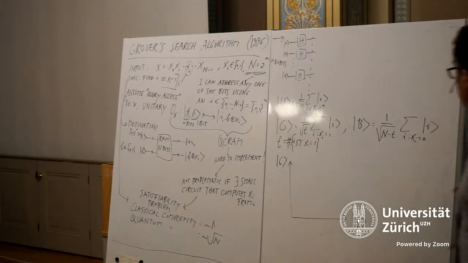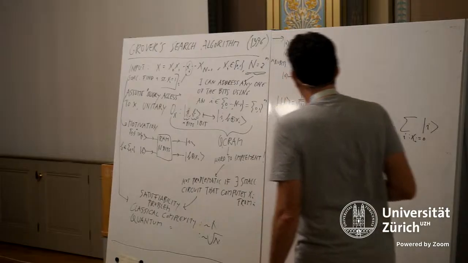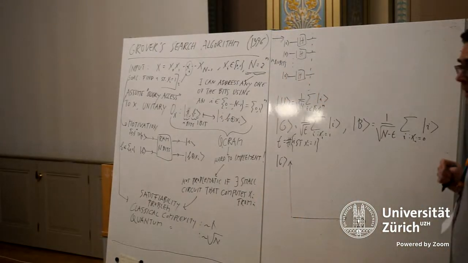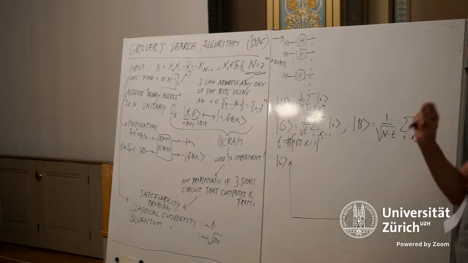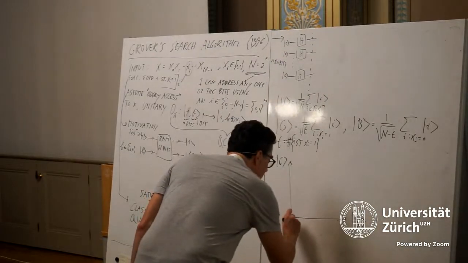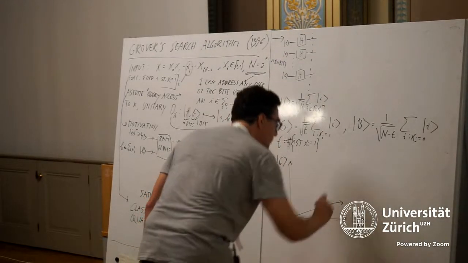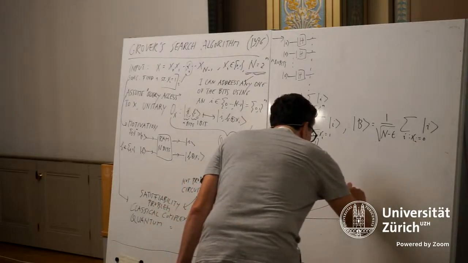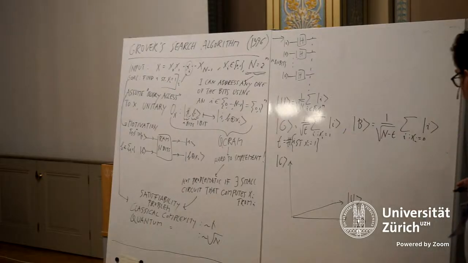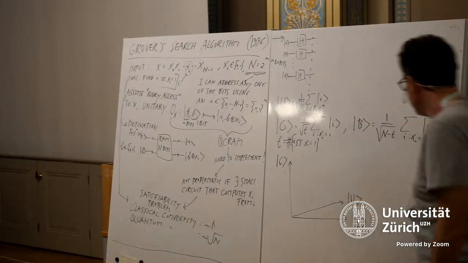We're starting in this uniform state, and it has a lot of overlap with the bad state and tiny overlap with the good state. I'm assuming t to be very small, let's say 1 for concreteness. That means the uniform state that we're starting with is sitting somewhere here. But everything here, by the way, is unit vectors. So this is the uniform state.